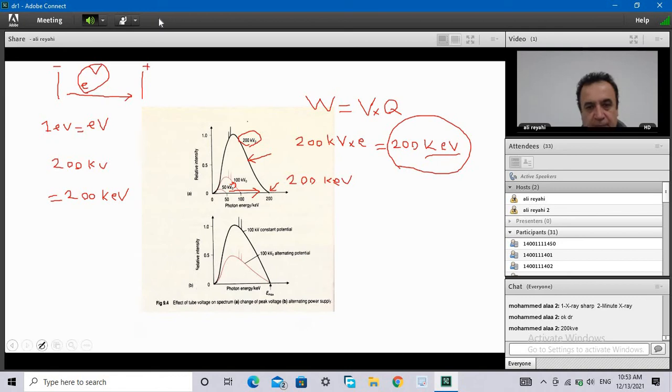Here, in the lower picture, the kilovoltage in the lower part and in the upper part are the same, but the current of lamp is increased. That I explain for you in the next session.